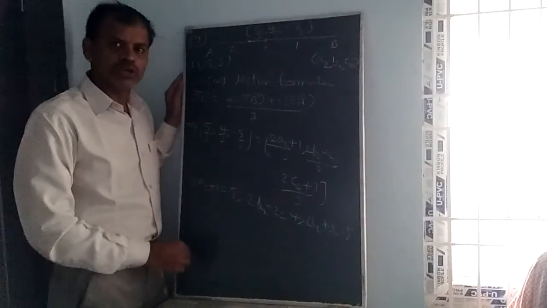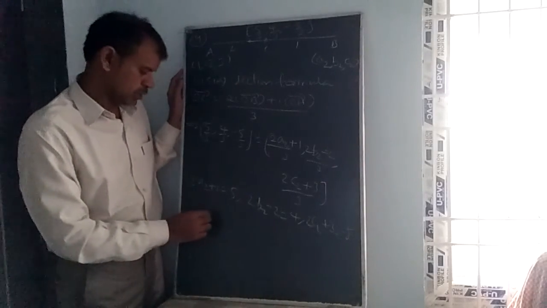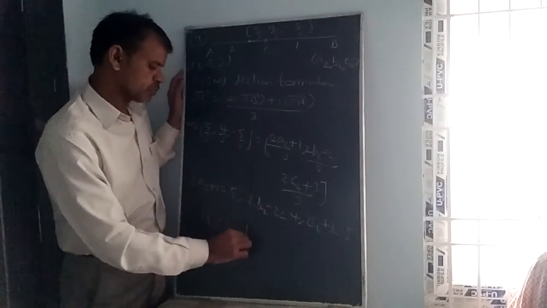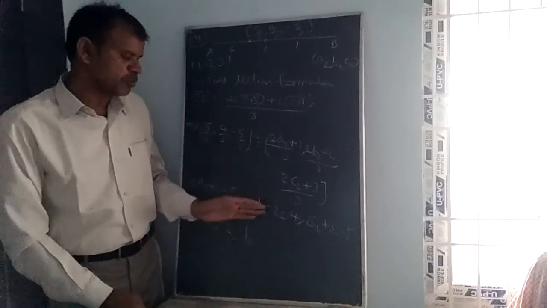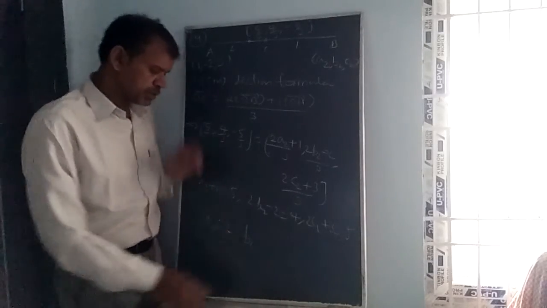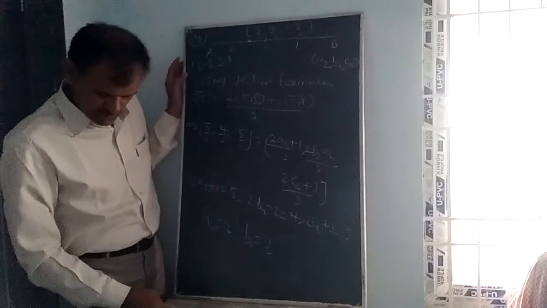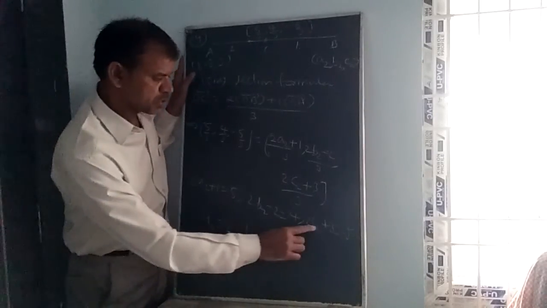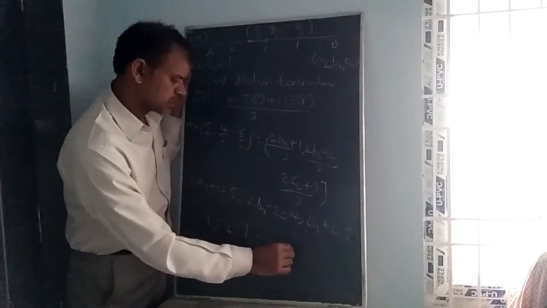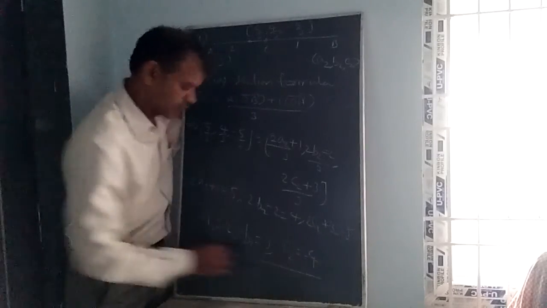So 2a2 plus 1 equal to 5, 2a2 equal to 4, a2 is equal to 2. Here 2b2 minus 2 equal to 4, 2b2 is equal to 6 and b2 is equal to 3. Let us see the options. And 2c2 plus 3 equal to minus 5, so 2c2 is minus 8, c2 is equal to minus 4.